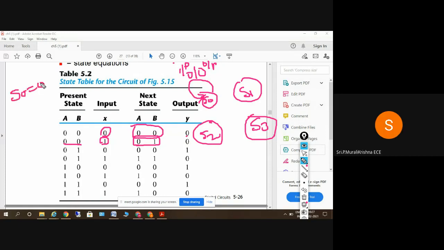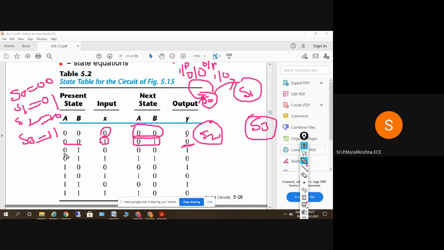S0 is 0 0, S1 is 0 1, S2 is 1 0, S3 is 1 1. So 0 1 is S1. It will move from S0 to S1. When input applied is 1, what is the output here? 0. Okay, so draw like this, an arrow with 0 here.